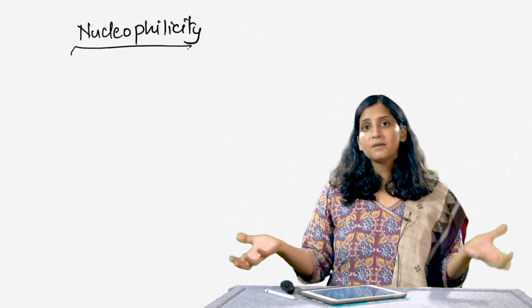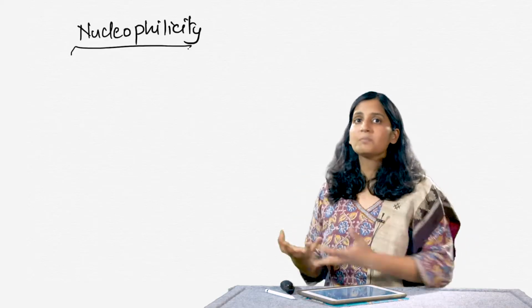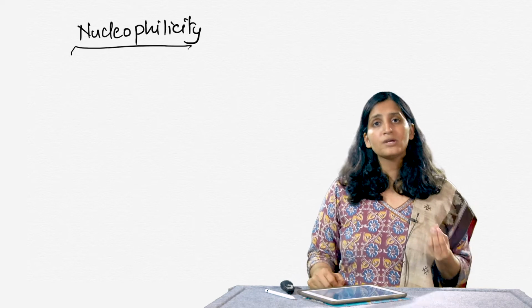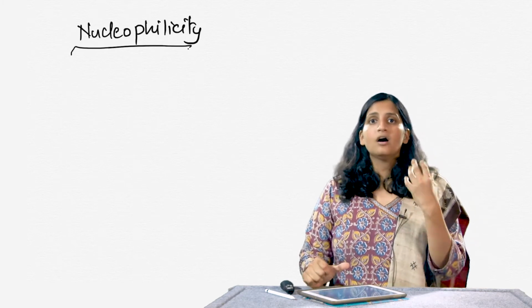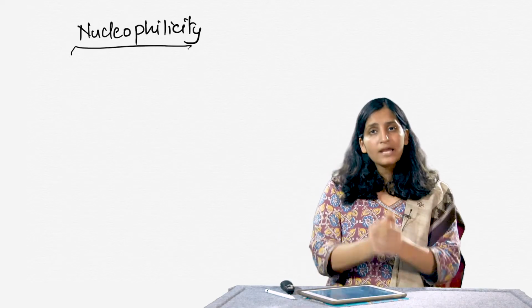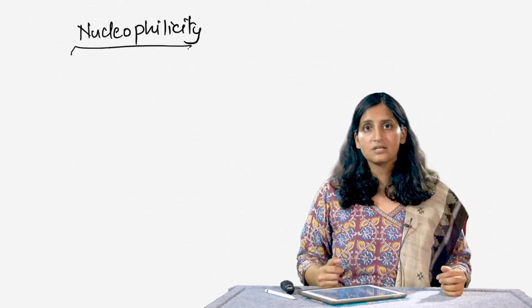If you have a lot of people surrounding you, it is going to be very difficult for you to reach a particular destination, and that is what happens in the case of polar protic solvents when we have nucleophiles in them: the solvent molecules will surround this nucleophile and make it less reactive, such that its ability to go and attack gets decreased.